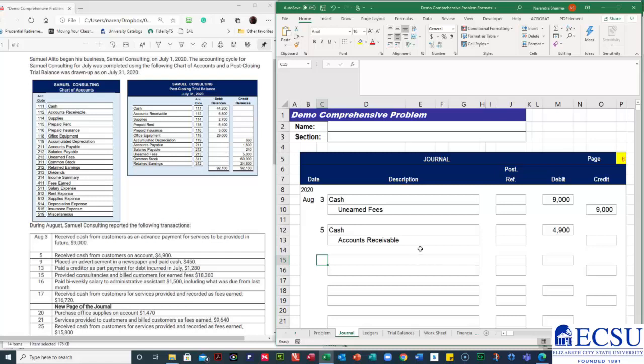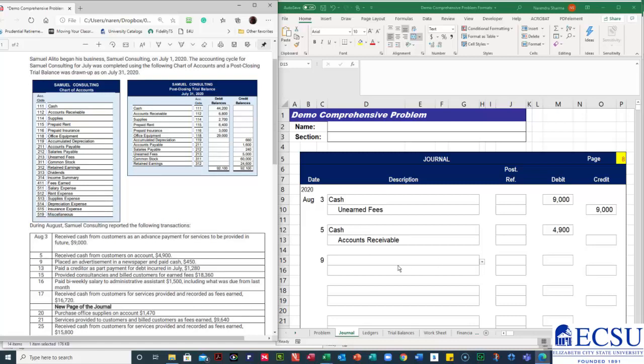It says on August 9, placed an advertisement in newspaper and paid cash for 450. Now I have paid for an advertisement expense. What I have to do is look for the advertisement expense account in my chart of account. Do you see an advertisement expense account? No, I don't see it. So therefore, I'm going to use that as a miscellaneous expense.